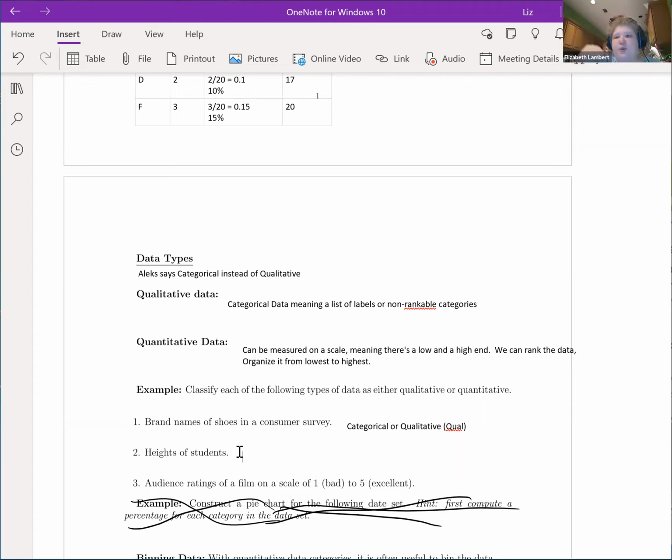It just might be the in-between is not something that our data measured. Like we didn't get that exact. But height of students, very quantitative, very number crunchy. And this will often get shortened very quickly to just quant.